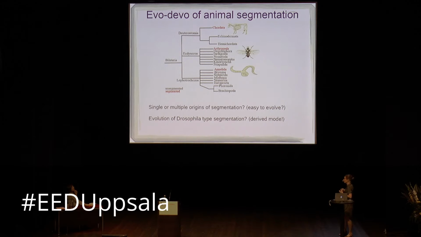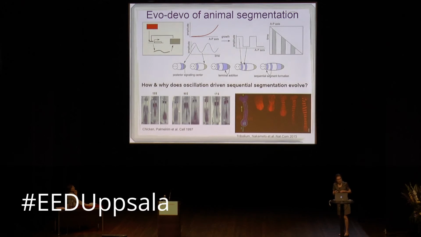How can it evolve from a prior mode of sequential segmentation? But in this context, today, what I'm more interested in answering is why do we get this particular mode of segmentation in most animals, where you have this posterior growth zone, an oscillatory periodic formation of segments.